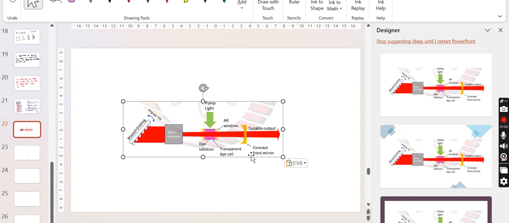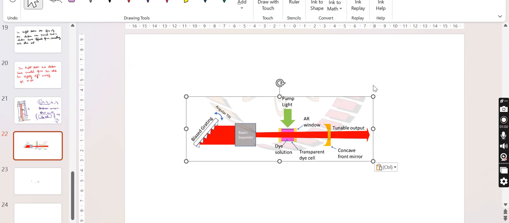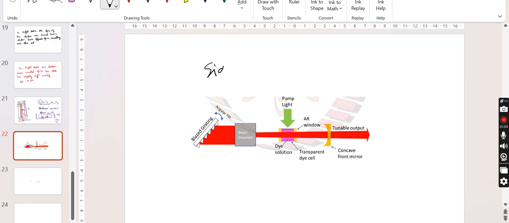So this is the schematic illustration of how the dye laser works. Here you can see that the dye solution has been put between an optical cavity in a transparent dye cell. And here side pumping has been used. It can be pumped either using a flash lamp or another laser.